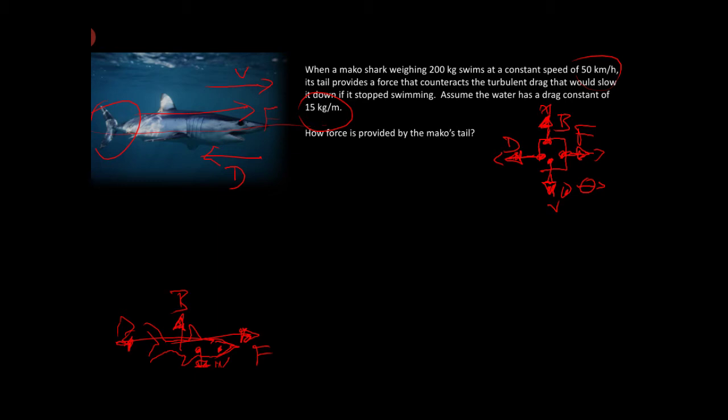All right, so there's the physics. Now we have to turn that into math. Well, how do you do that? When you have one of these free body diagrams, you just say everything along this axis, F minus D, is equal to whatever the net force is in that direction. In this case, it's 0.